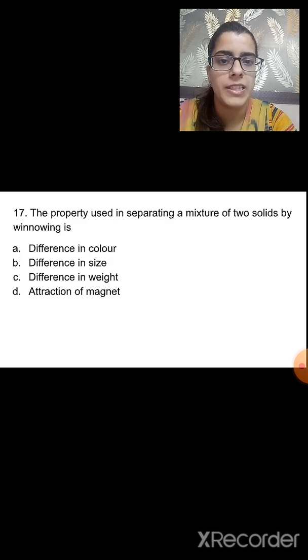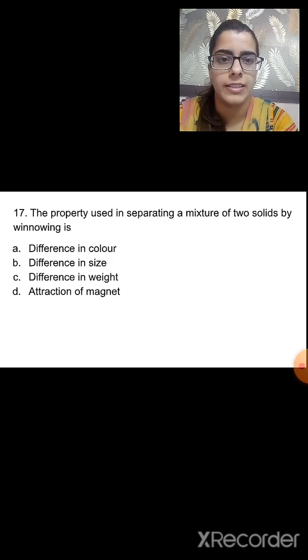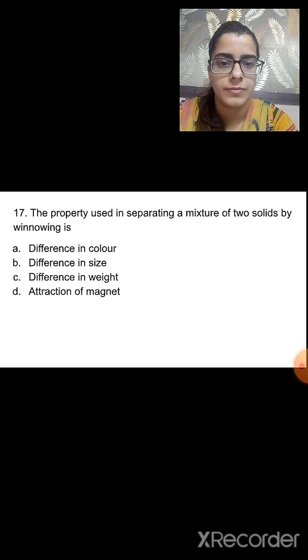So which property is used for separating a mixture of two solids by winnowing? It is difference in weight. That is option number C. The two solids of different weight can be separated by the winnowing method.